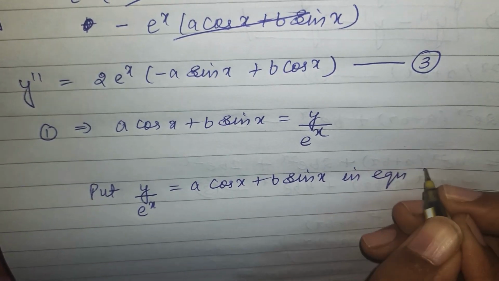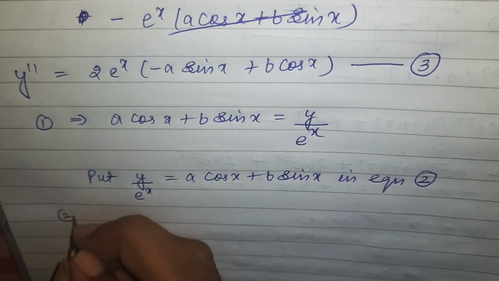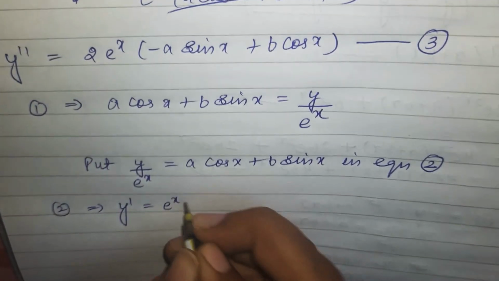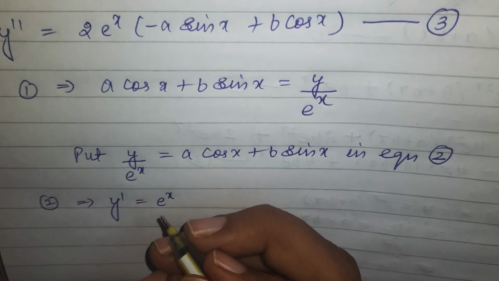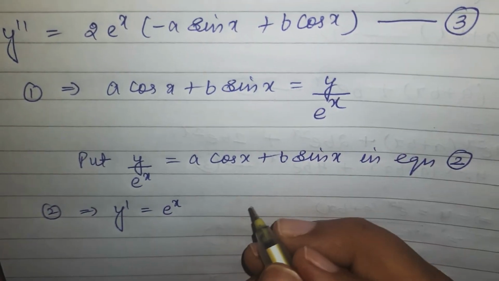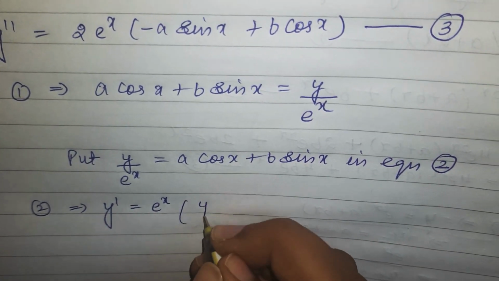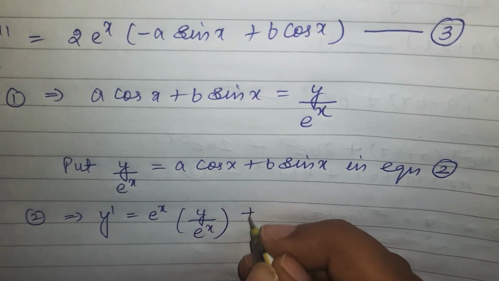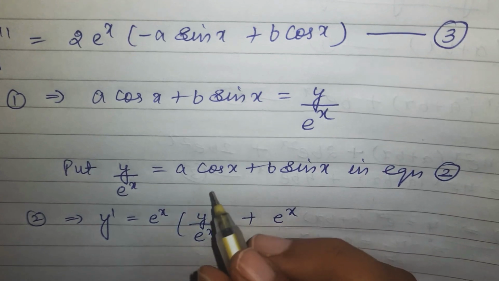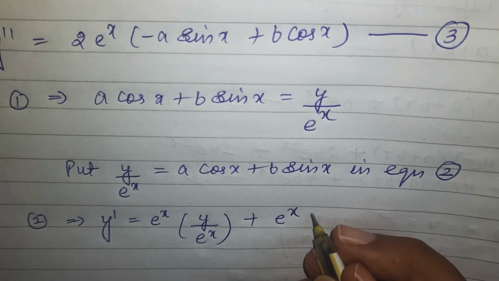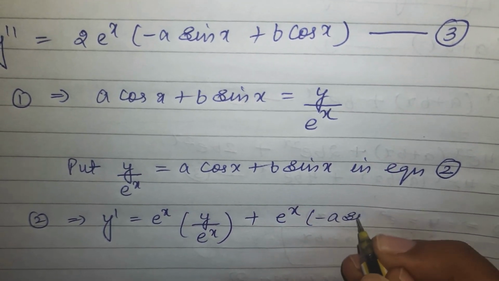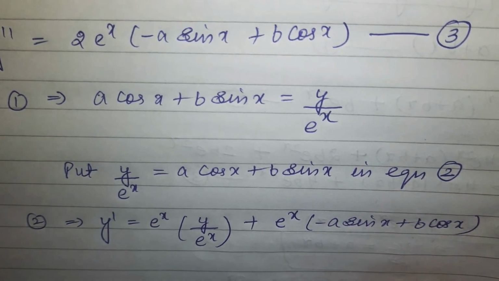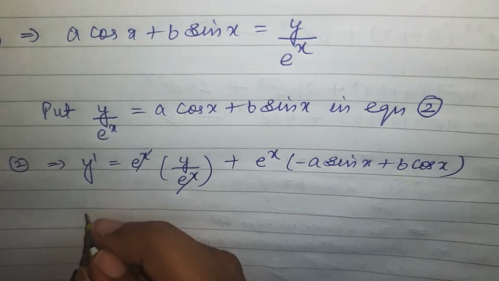I have used equation 1. So 2 implies y dash equals e^x times y upon e^x, then plus e^x. So here I cannot do anything, so that will remain the same, a sin x plus b cos x. So what I am getting here, this will cancel out.